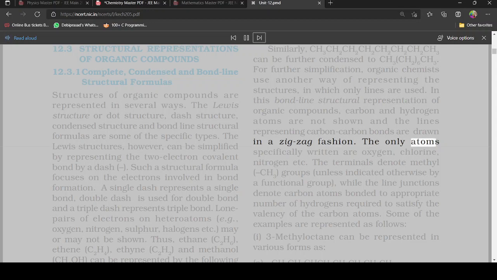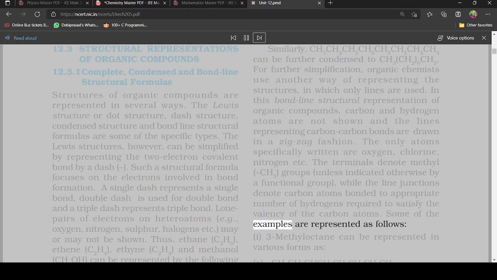The only atoms specifically written are oxygen, chlorine, nitrogen, etc. The terminals denote methyl, CH3, groups unless indicated otherwise by a functional group, while the line junctions denote carbon atoms bonded to the appropriate number of hydrogens required to satisfy the valency of the carbon atoms.